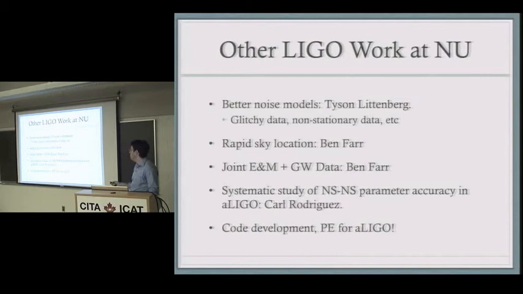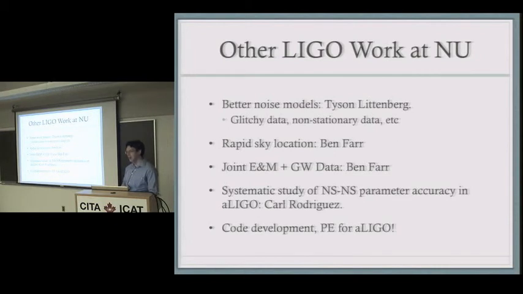Carl Rodriguez is another graduate student in our group. He is performing right now a systematic study of how accurately we'll be able to do neutron-star parameter estimation in advanced LIGO, particularly focusing on some noise effects that can cause us a lot of trouble in determining masses. So everyone would like to be able to say, this was a 1.4 solar mass neutron star inspiral.